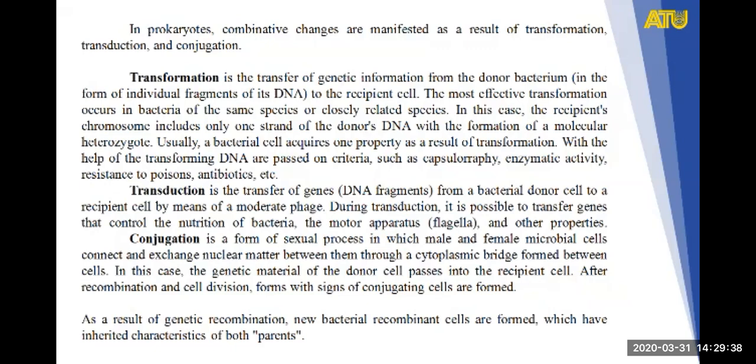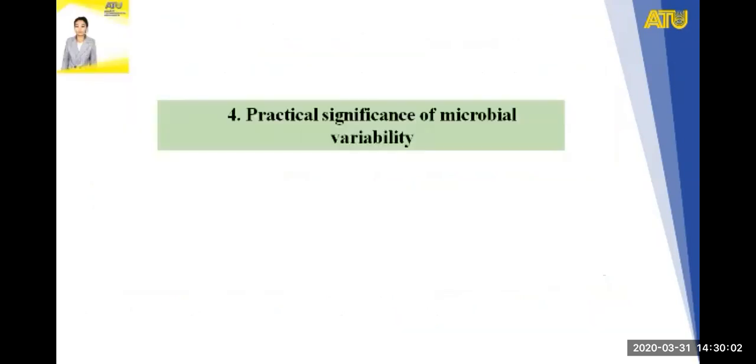In this case, the genetic material of the donor cell passes into the recipient cell. As a result of genetic recombination, new bacterial recombinant cells are formed which have the inherited characteristics of both parents.